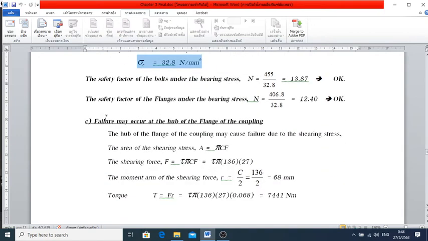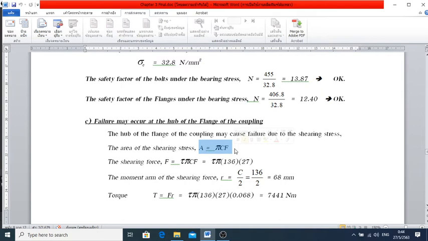And then another one, failure may occur at the hub of the flange of the coupling. This one is going to be right there at the surface of the bolts. We have a flange and we have a hub.